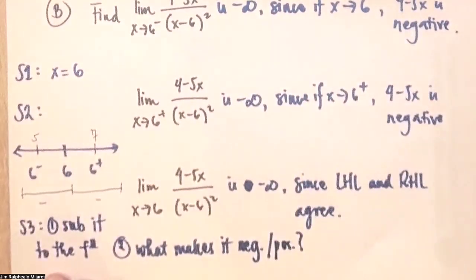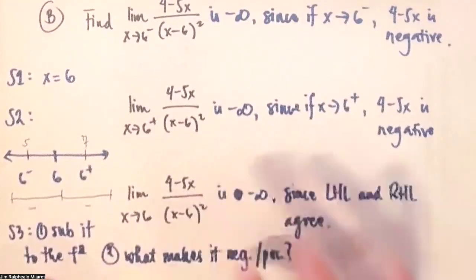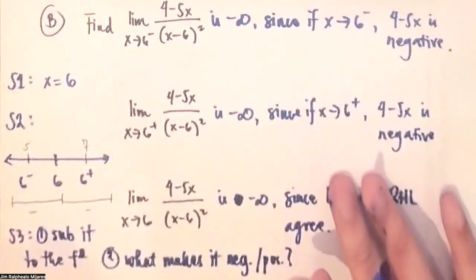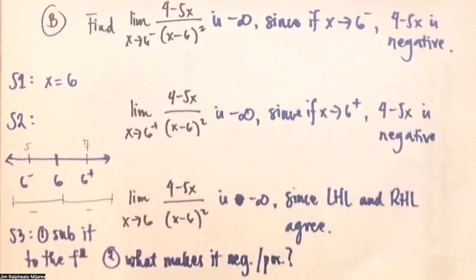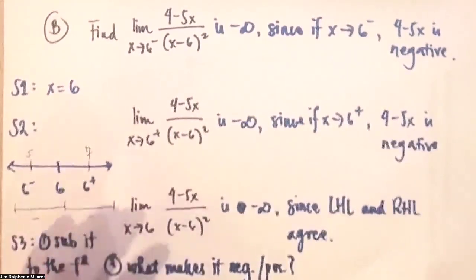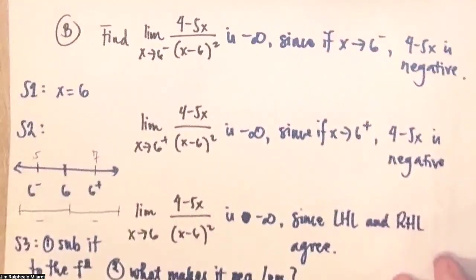Is it the numerator? Is it the denominator? Because you're gonna need it for the solution, right? So that is limits at infinity.